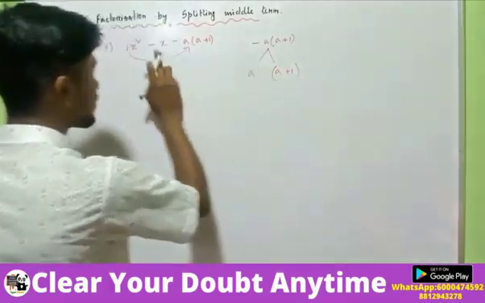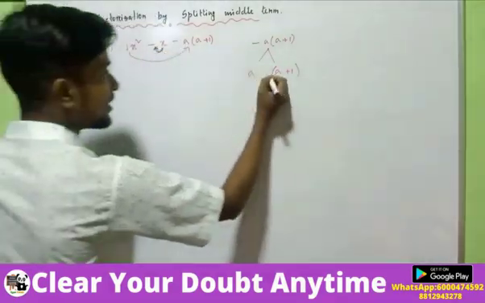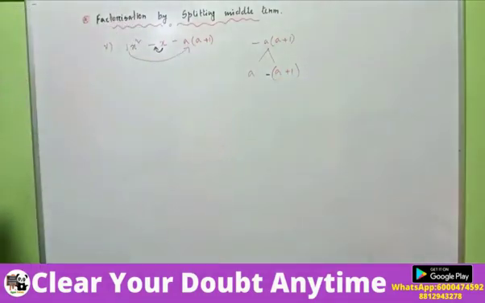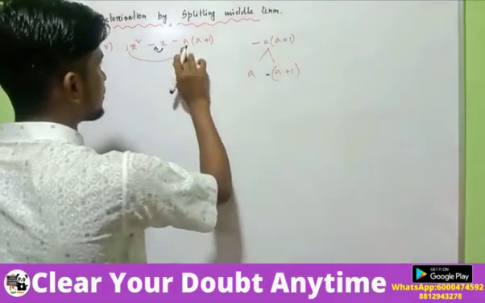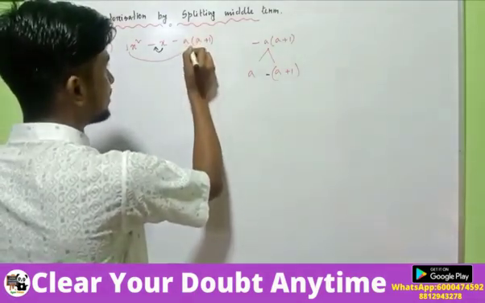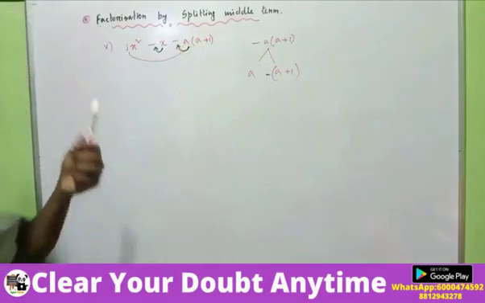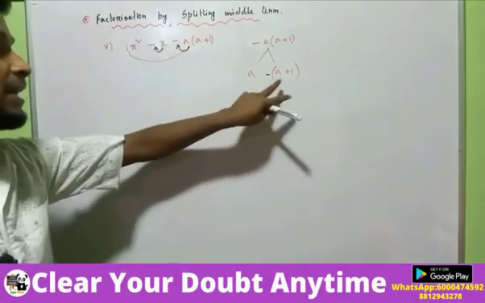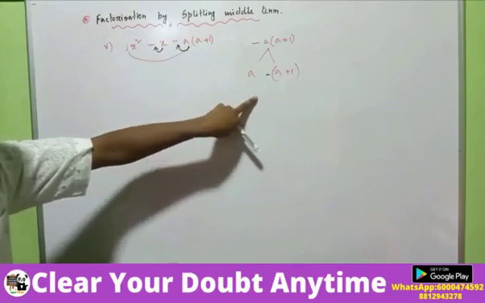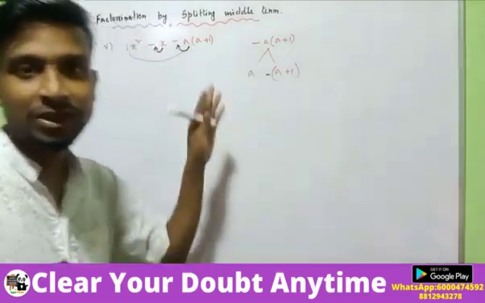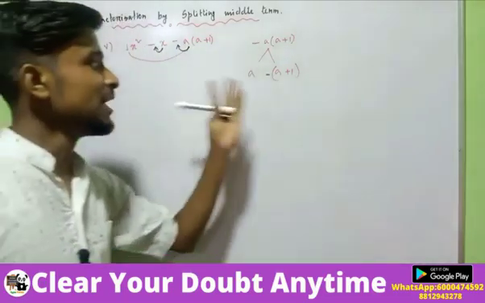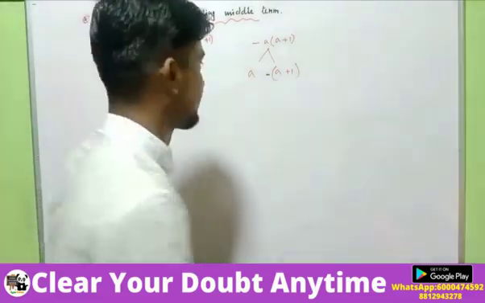So what sign do we have to put? We have to put a minus sign in the bigger number. And also check the sign in front of the constant term: here we have a minus sign. That means the factors we have chosen to split the middle term have to have different signs.